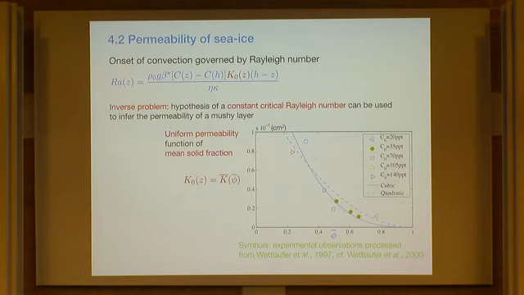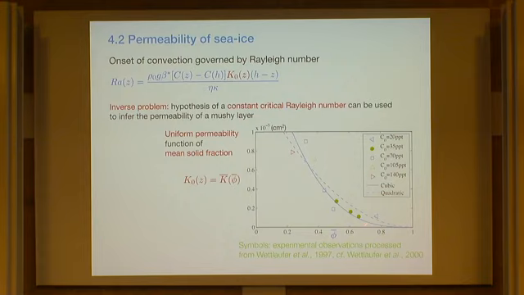And then just rearrange this expression to tell me what K naught is. The first approximation is to assume that K naught is some bulk value for the whole depth of the medium. So I'm going to call that K bar, and I'm going to plot that as a function of phi bar, which is the average solid fraction at the time of the onset of convection.